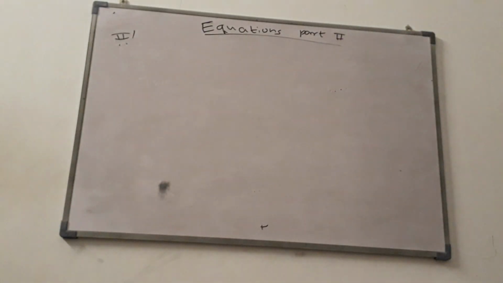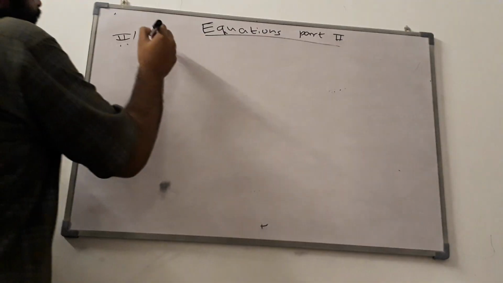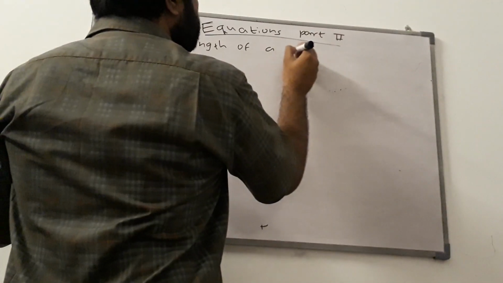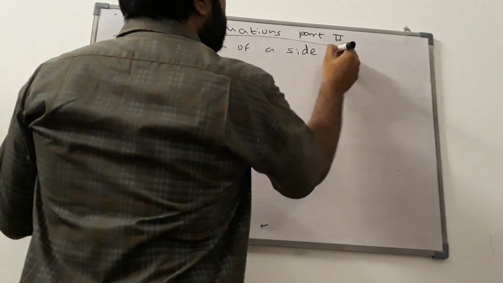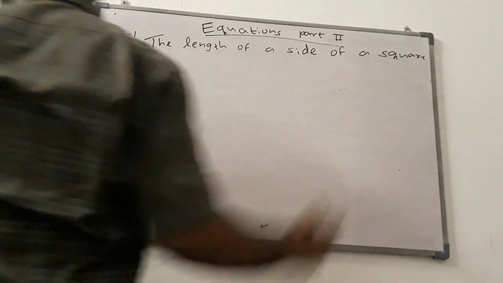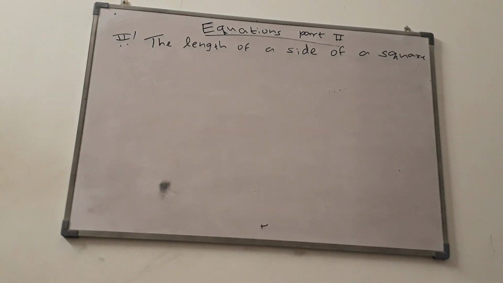Second question, it is said the length of a side of a square is x centimeters.